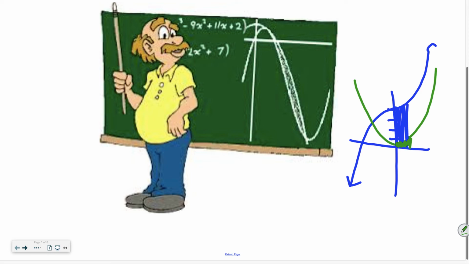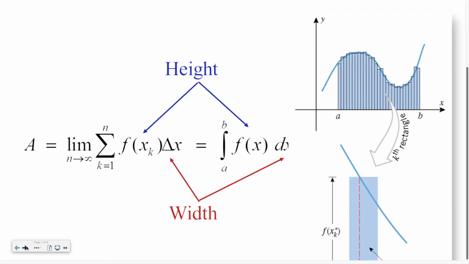Okay. When we talk about the area in between two curves, when we talk about just the area under one curve, our integral, you don't have to write this down, this is what we talked about last chapter, this is what we worked on for weeks and weeks and weeks, right? Our integral is adding up all of these itty bitty rectangles that represent area, okay?